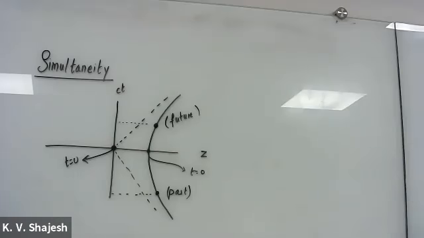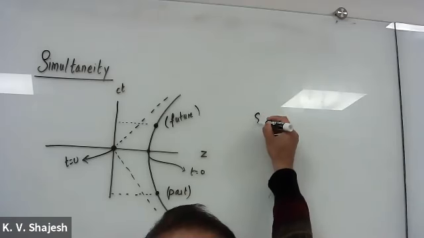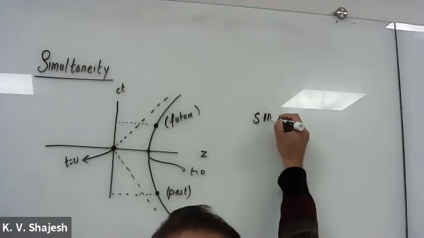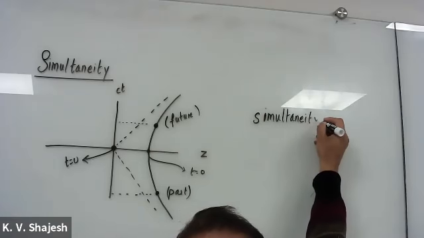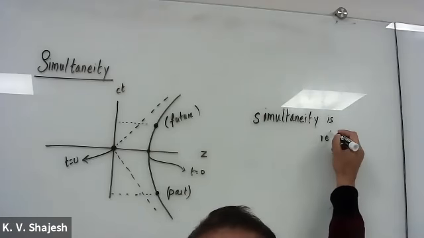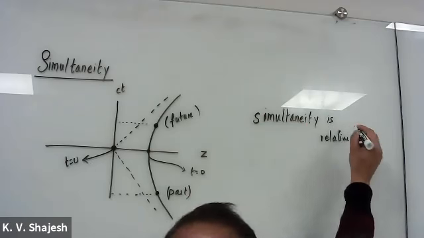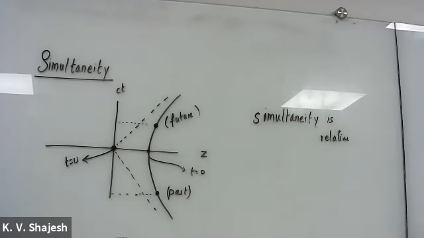So simultaneity is relative. The idea of simultaneity is relative, so we should never talk about simultaneity. If you do an experiment and say, I made sure that this and this happened at exactly the same time, if someone else were to do the measurement, they will disagree completely.